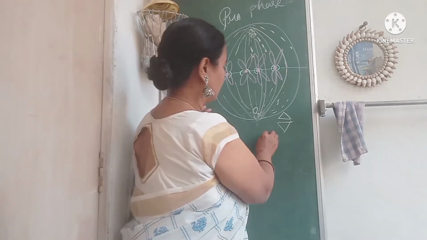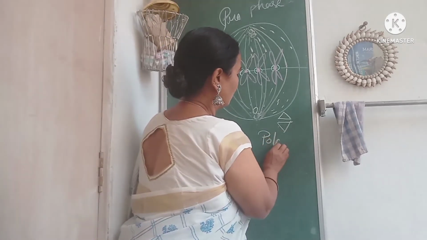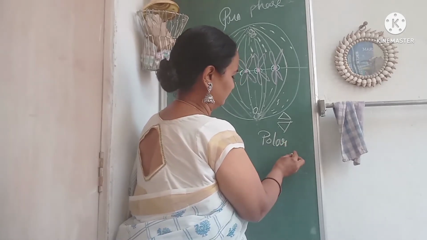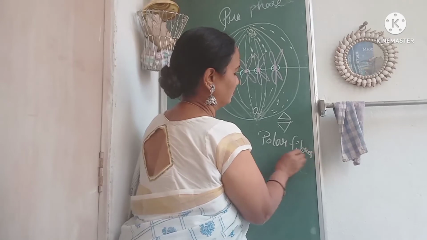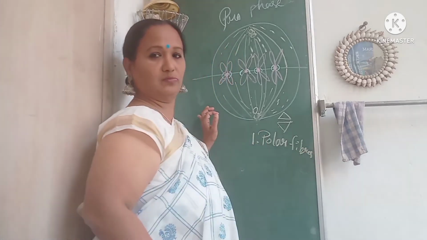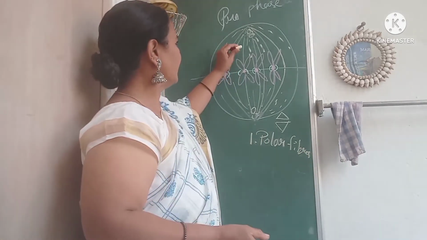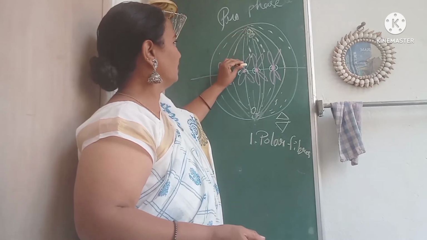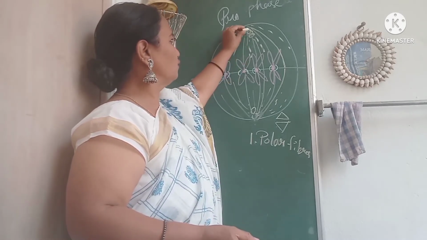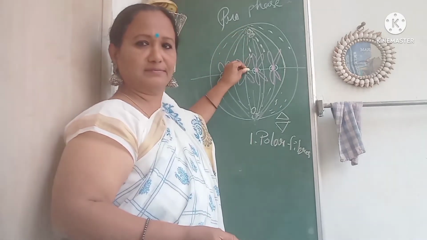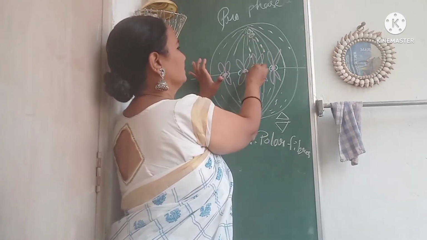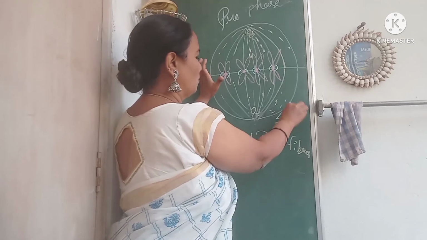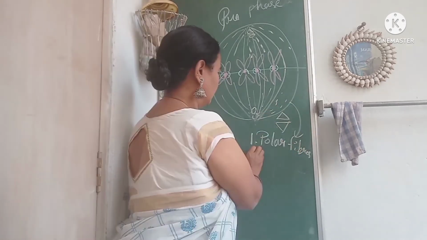One is polar fibers, which extend from the two poles of the spindle towards the equator. These, from here to here, are called polar fibers.